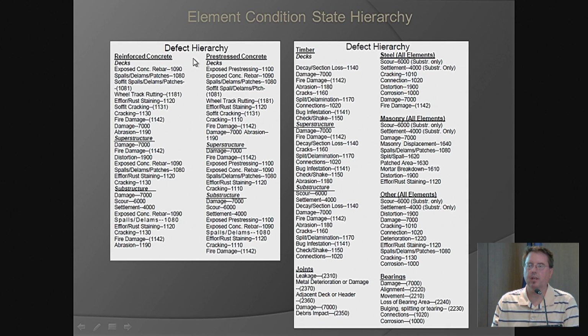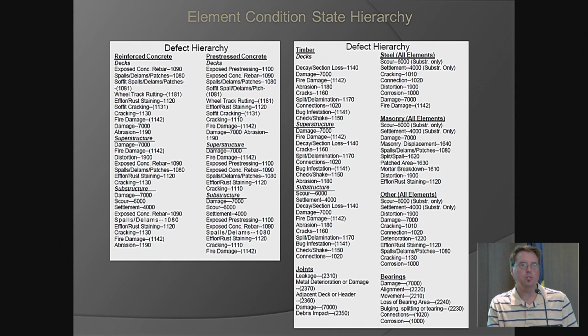And this is an example of what the hierarchy chart looks like. So if we look over here on the right page, say under masonry, all elements. They would look through their list, and at the top of the list is worst, and then down at the bottom is the lowest case. So in this case, we would say Scour would be the controlling element. So if we were on say a masonry abutment, it's 20 feet long, the inspector's looking at this and he notices, on one corner of the bridge for 4 feet, scour.